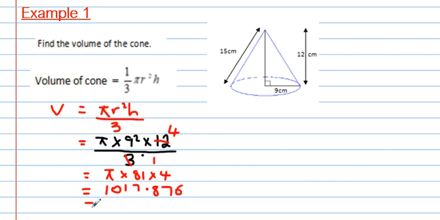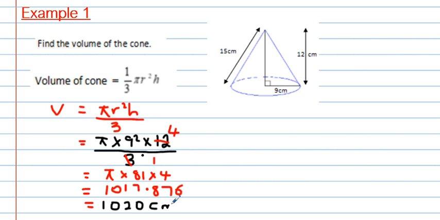I'm going to round my final answer to 3 significant figures. That's usually the standard requirement. So 1, 2, 3 here. The number next to that is 7, so I'm going to round that one up. So 1, 0, 2, 0. And the unit is centimeters squared.